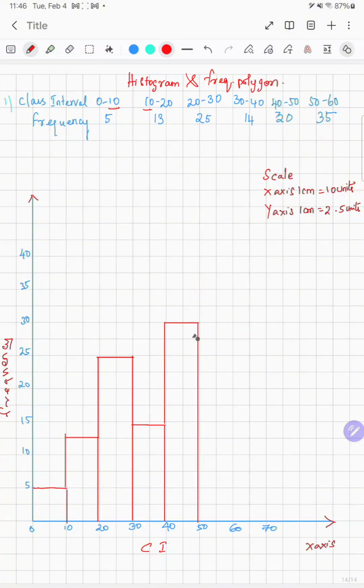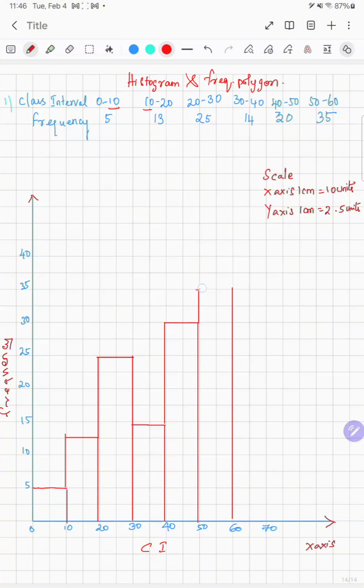Next one is 50 to 60 and the frequency is 35. Then from 60 you have to draw a line, perfectly in that scale.